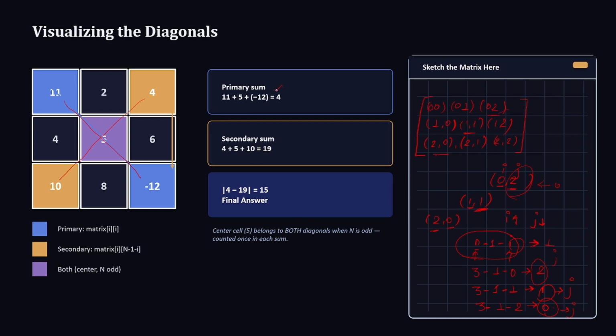For the primary diagonal, we need matrix[i][i], and for the secondary diagonal, matrix[i][n minus 1 minus i]. Since both diagonals use the row index i, we keep adding the matrix values. So with just one loop we get both sums together. This makes the solution simple and efficient.